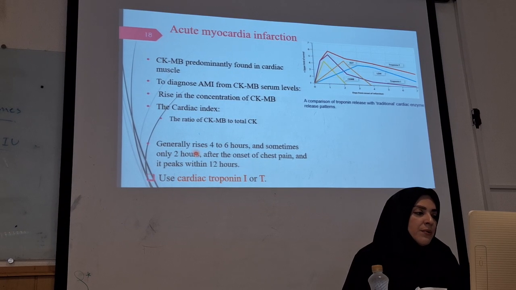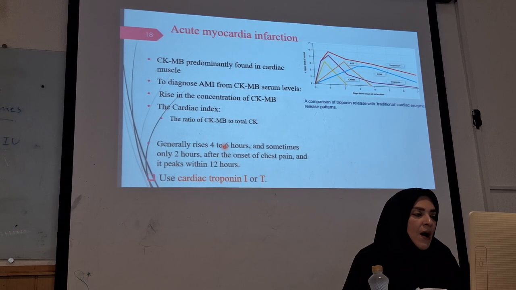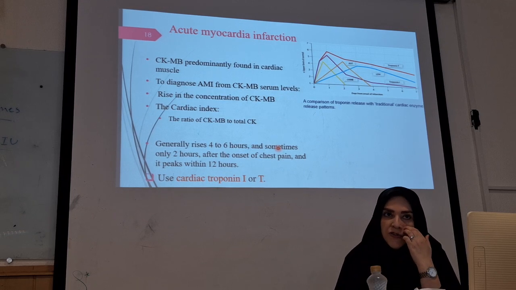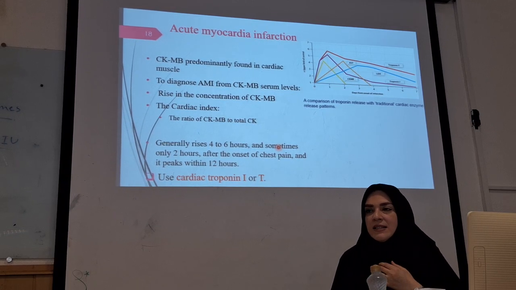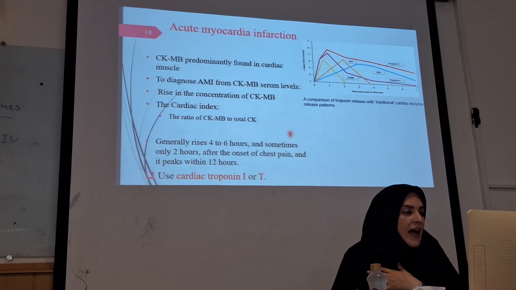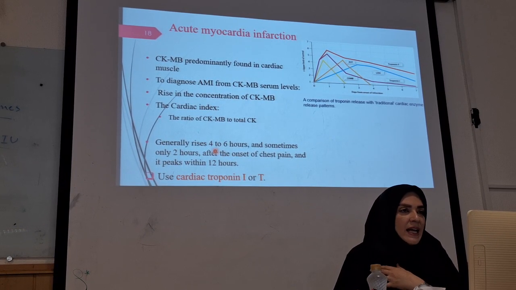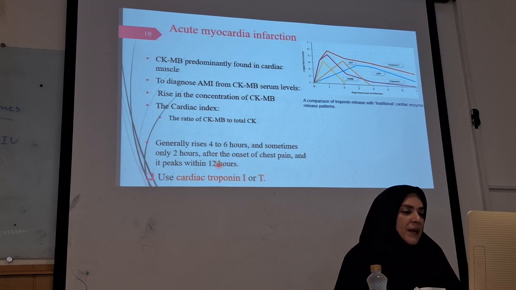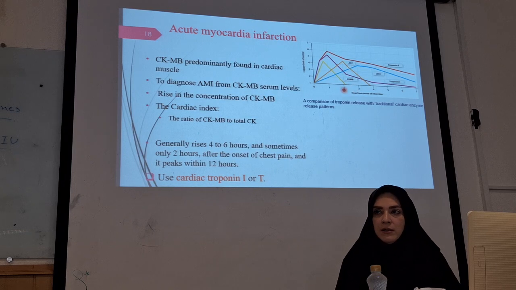It generally rises 2 to 4 hours after you feel the pain in the chest. Okay? After 4 to 6 hours, it starts to increase and reaches the peak, and sometimes only 2 hours after it starts it reaches the peak, as you can see here, and after 2 days it returns to normal.